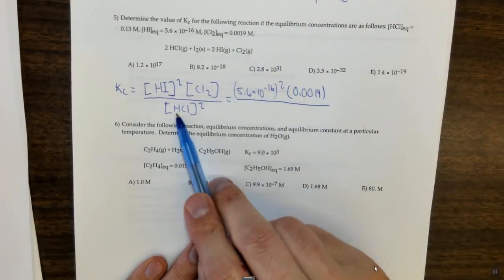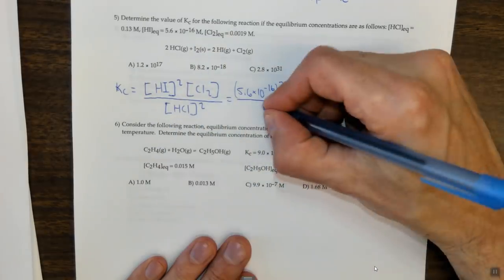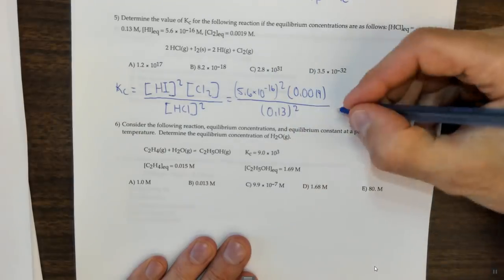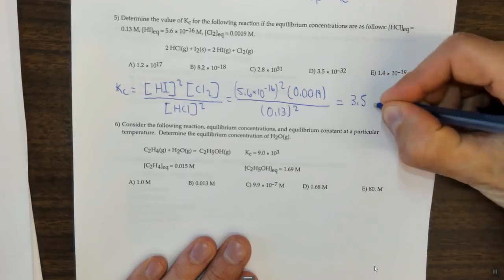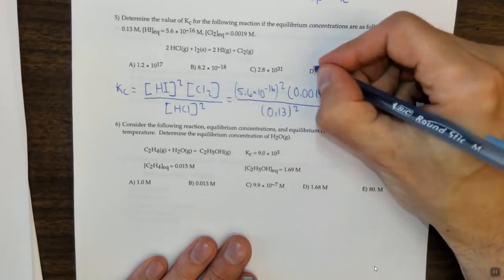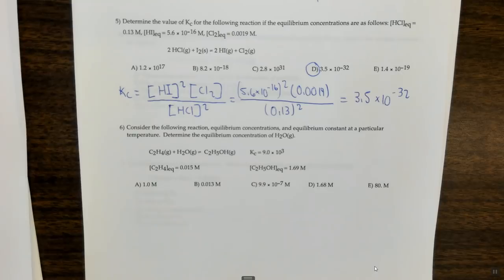And then on the bottom we have HCl, and it's squared. We find HCl is 0.13, and we square it. And when we do that, we get that the Kc is equal to 3.5 times 10 to the minus 32, which is choice letter D here. Okay, so this is how we plug in. We don't need an ICE table here because we're given the equilibrium concentrations, so we don't need to worry about finding the equilibrium concentrations.